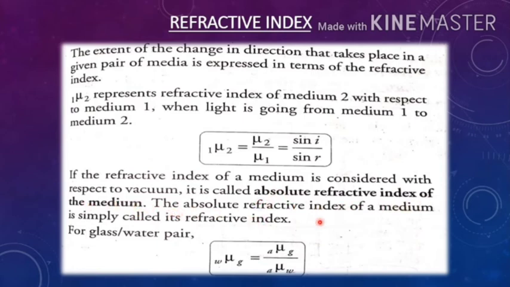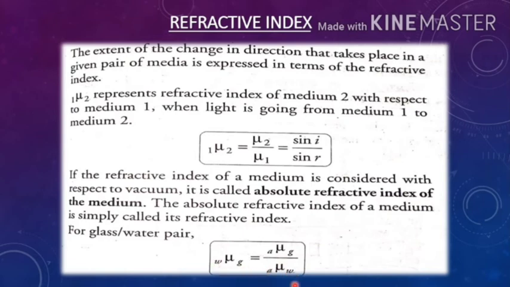The absolute refractive index of a medium is simply called the refractive index. For the glass with respect to water pair, the refractive index of glass with respect to water is equal to the refractive index of glass with respect to air divided by the refractive index of water with respect to air.